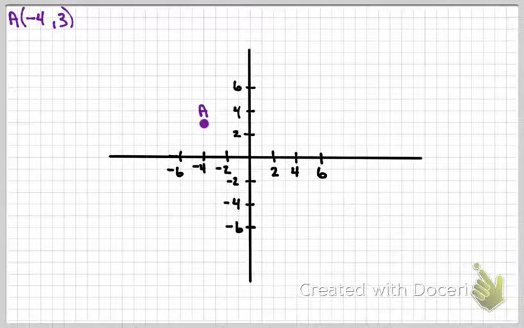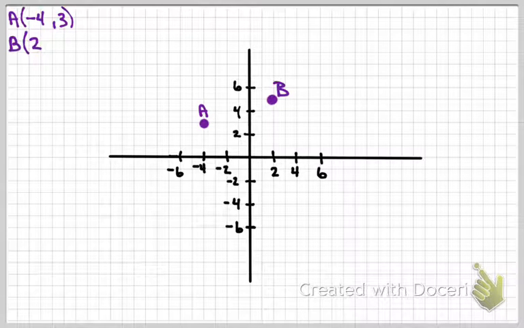All right, here's point B. I want you to write the ordered pair that matches point B. On your homework, you're going to be asked to do this in reverse, where they give you the ordered pair and you plot it. So what's the ordered pair that matches point B? Joshua? He said 2, 5. That is correct.